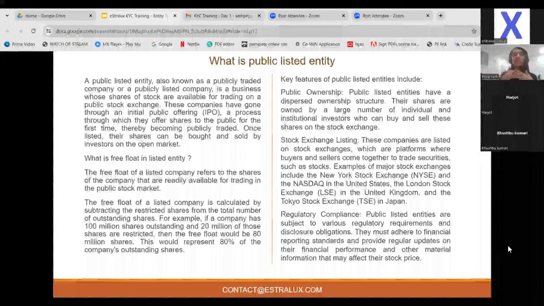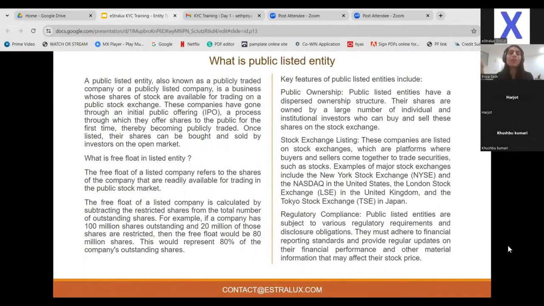But in a public limited company, any number of people in the public whom you don't know can invest, and the shares are publicly traded. Maybe 2% is owned by someone, 0.1% by someone else. In private, it is not the case. That is the major difference: a publicly traded business has shares or stocks available for trading on a public stock exchange.